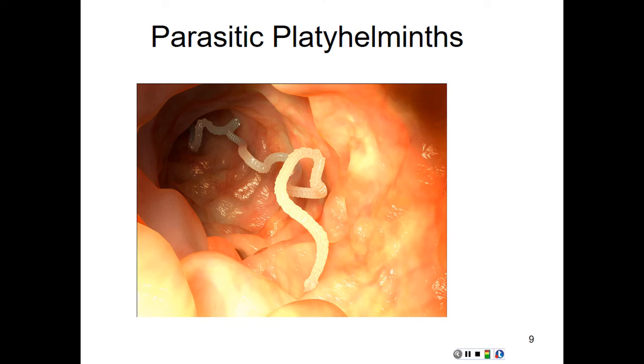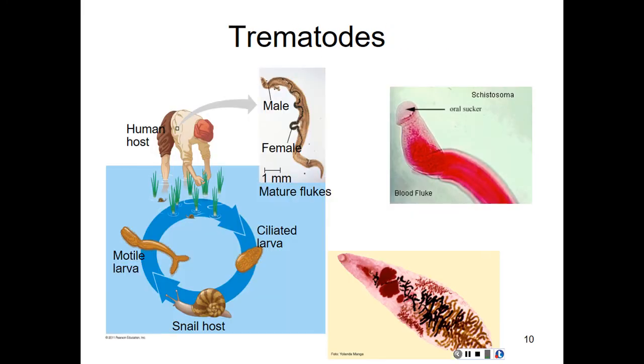So basically these guys hang on, suck in nutrients, and they're basically reproducing machines. Nice, huh? So guess what you're looking at there? Yep, you are looking at a tapeworm hanging on to a mammalian, I believe a human, intestine.